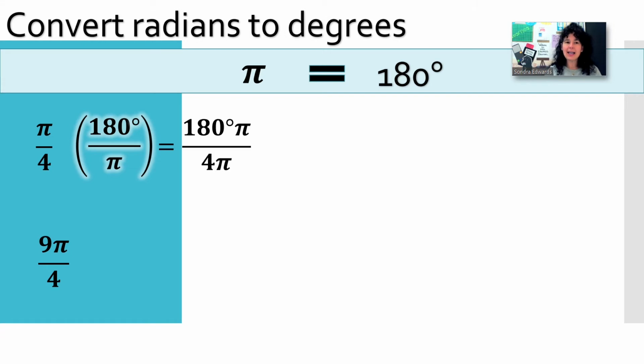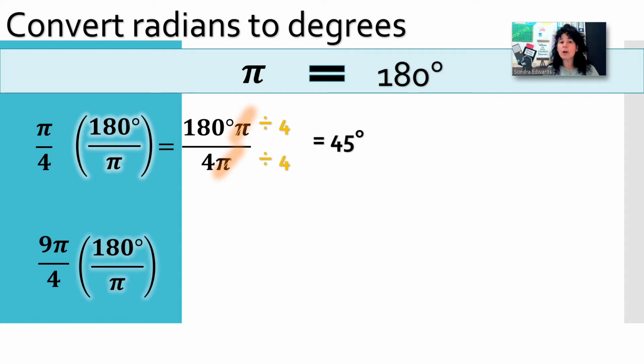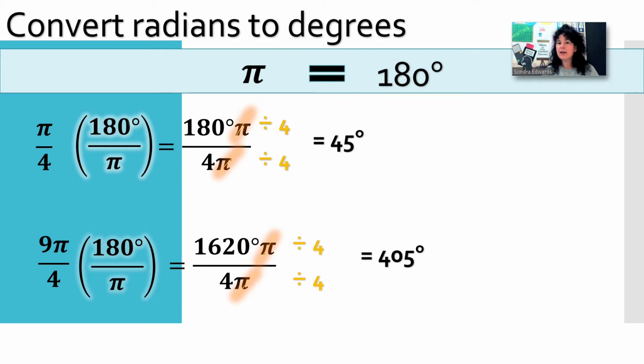Pi cancels after we multiply across. Thinking of a number that fits into both 180 and 4, we end up with just 45 degrees. Now 9 pi over 4, converting that into degrees, we want to multiply by 180 over pi. I multiplied straight across. The pi's cancel out, and 4 fits into 1,620, 405 times, so we get 405 degrees.